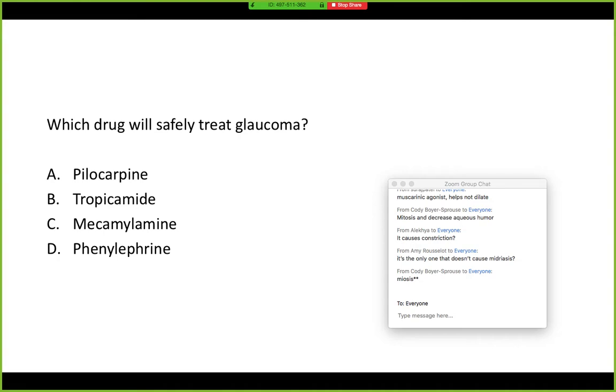Right, yeah. So A is going to result in miosis instead of mydriasis. Okay.